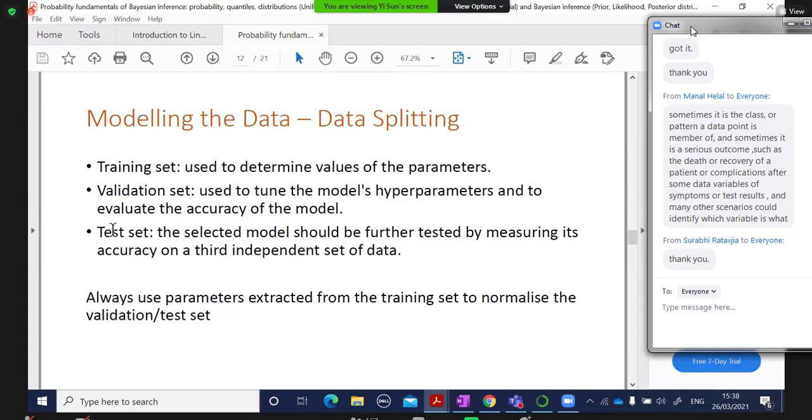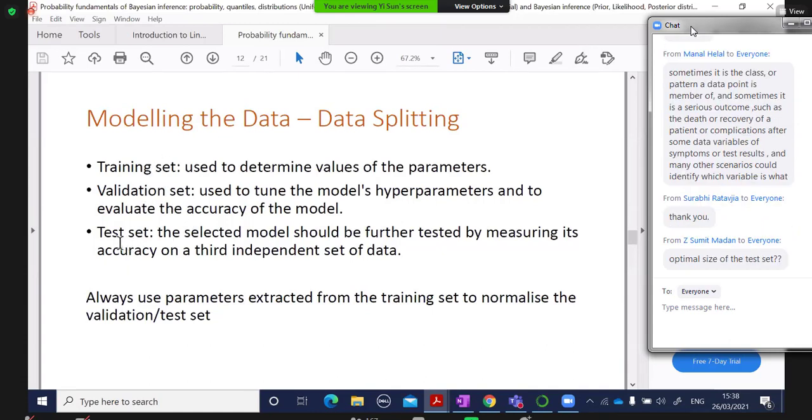What does it mean? There shouldn't be an overlap between your test set and the training set and validation set. All data points in the test set are unseen data. They are not part of the training set, and not part of the validation set.